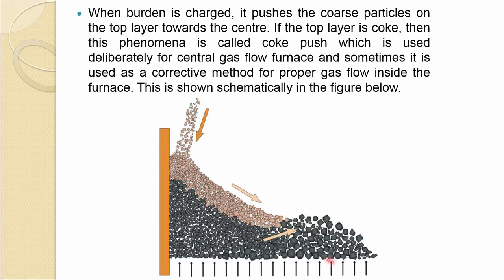So permeability increases toward the center, and gas flow increases there. You can also do it the other way around. So the charging equipment should be much more flexible, so that you can control the distribution of the material wherever you want it. That is a very important thing.